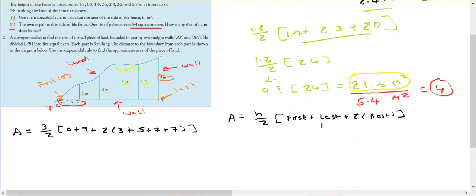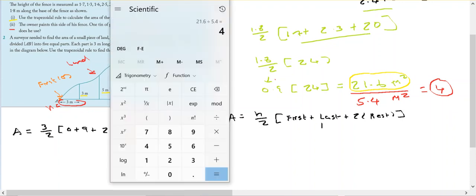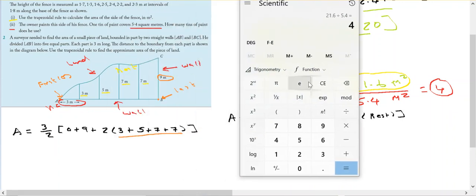Then again we do the brackets part first. Remember BIMDAS, order of operations, brackets come first. So 3 plus 5 plus 7 plus 7, let's double check that, is equal to 22, and then you multiply that by 2, that's equal to 44.